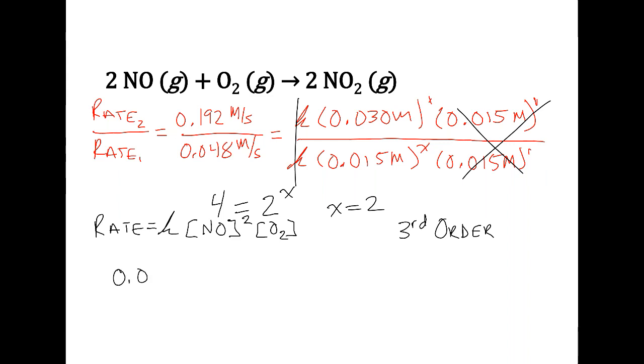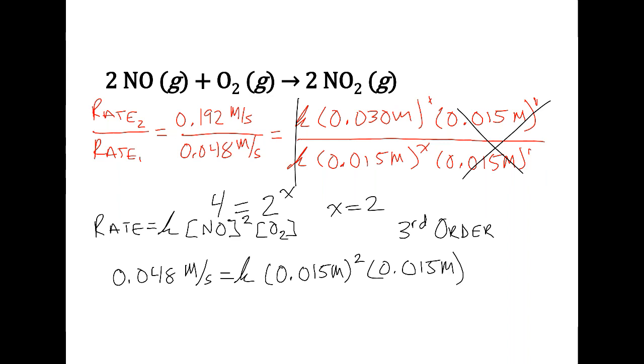So you plug in your rate, 0.048 molarity per second is equal to K times the concentration, 0.015 molar squared of NO times the concentration of oxygen. Then upon solving for K, you get 1.4 times 10 to the 4th per molarity squared times second.